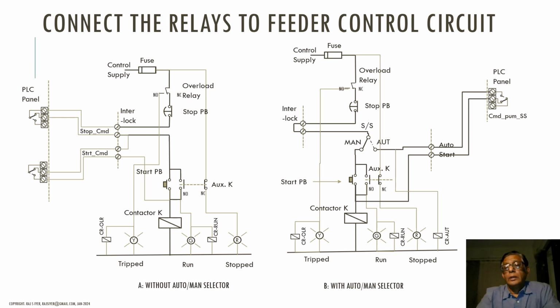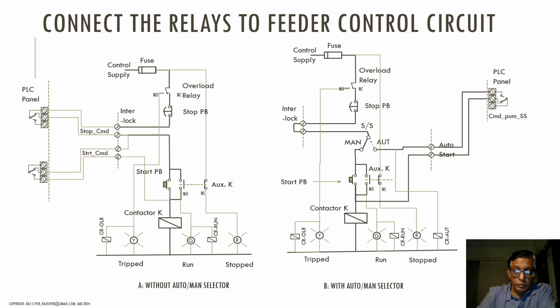On the right hand side diagram, the overload relay signal and the run signal are identical. In addition, we have a third signal that detects whether the selector switch has been moved to the automatic position.